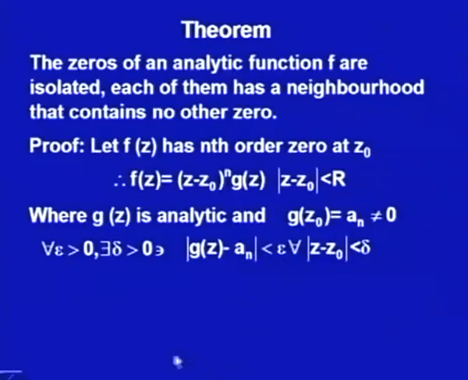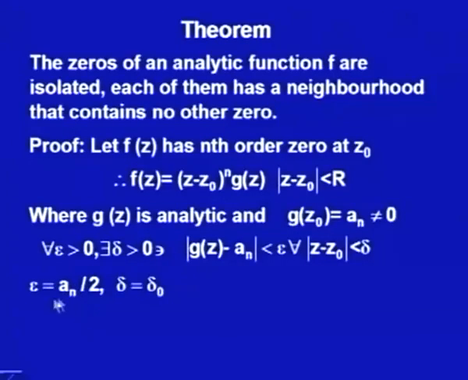Now choose this epsilon as a_n by 2, and suppose for that epsilon the delta is delta naught. The definition says that for every epsilon there exists a delta. So I have chosen epsilon as a_n by 2, so the delta would be delta naught. Here I should actually have chosen epsilon as mod of a_n. If a_n is negative, then because we want epsilon to be a positive quantity, ideally it should have been mod of a_n.